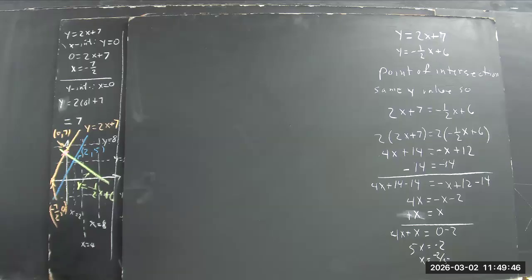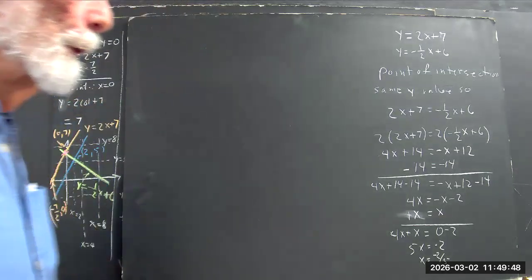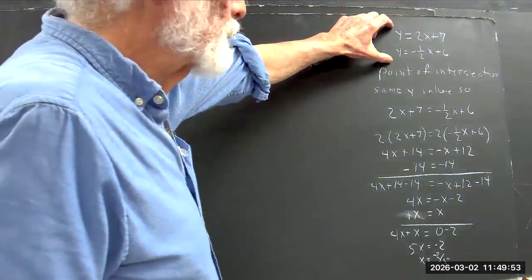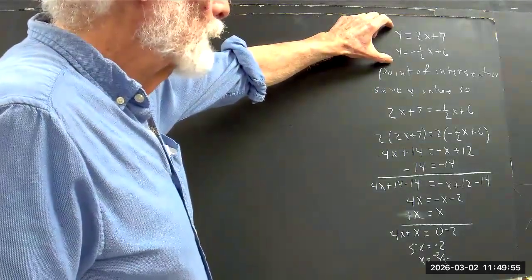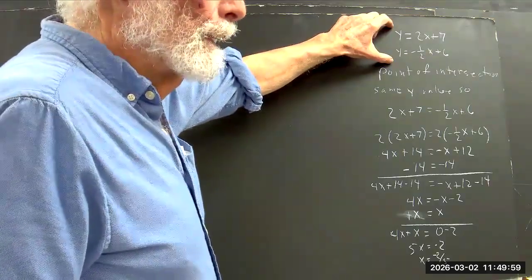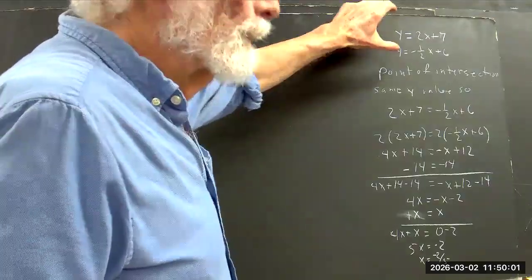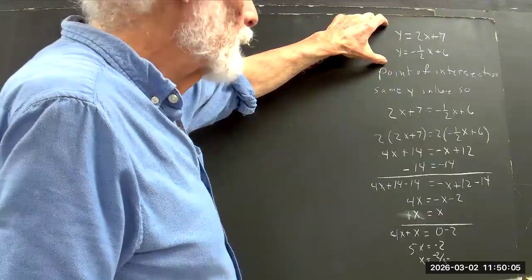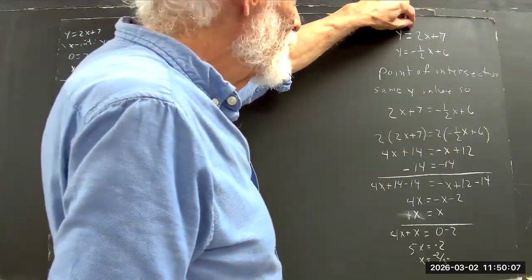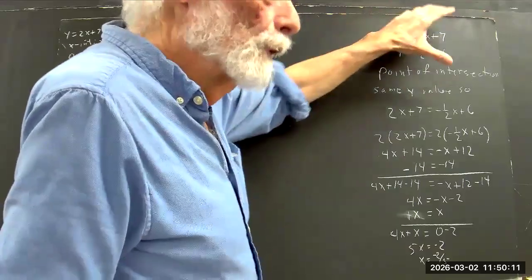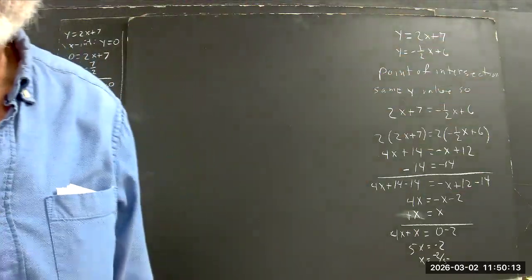Okay, now, where are we? Again, we're trying to find where the lines y equals 2x plus 7 and y equals negative 1/2 x plus 6 cross. We've said the y coordinates have to be the same wherever they cross, which means that wherever they cross, 2x plus 7 has to equal negative 1/2 x plus 6, because those will be the y coordinates.